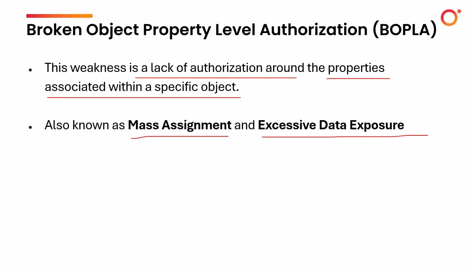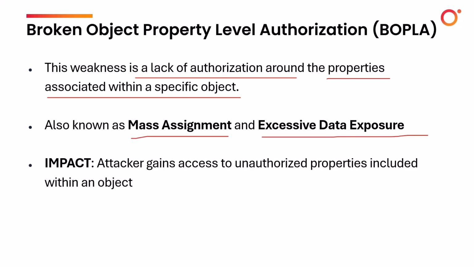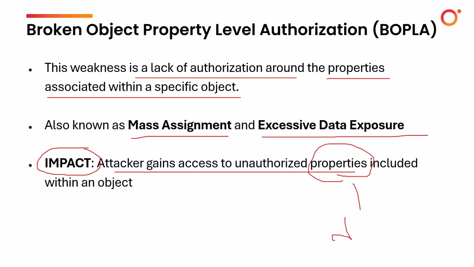We're going to talk about both in just a moment. And what you need to understand is the impact of the BOPLA vulnerability: it gives an attacker access to unauthorized properties, or think of this as data. So it gives the attacker access to unauthorized data that might be included within that object.